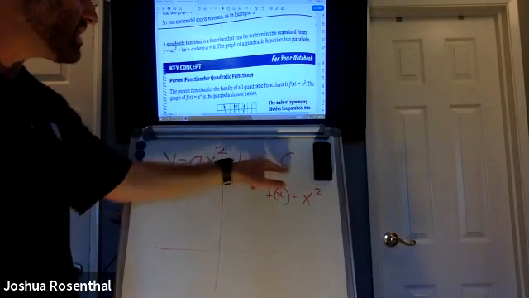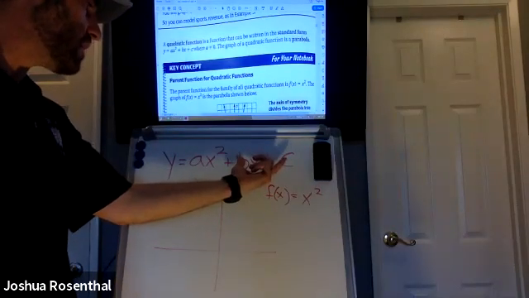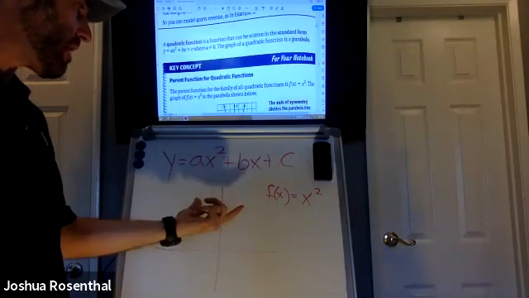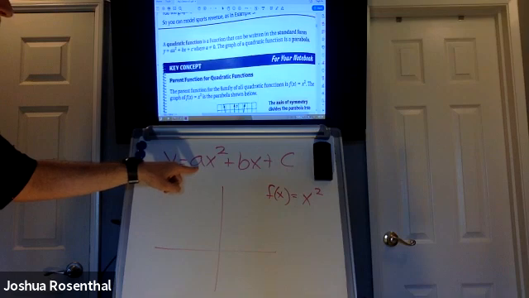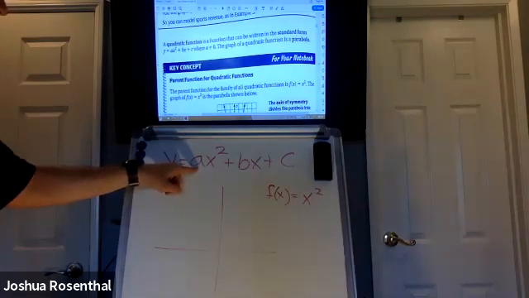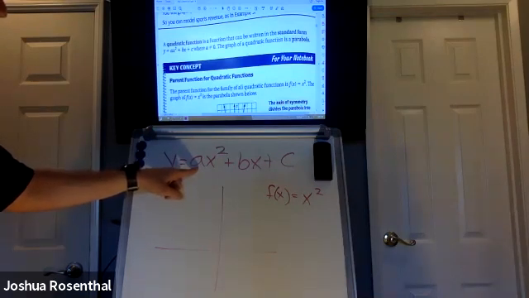Having B and C be something else is going to translate your parabola. Having A be something other than 1 is going to stretch or squeeze your parabola, or flip it upside down if A is negative, right?